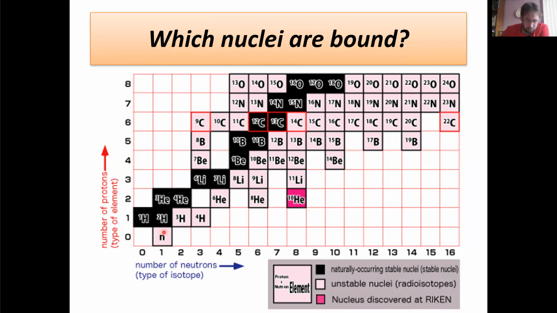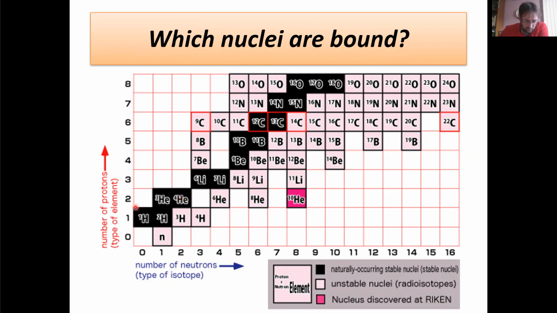Neutron, hydrogen, helium with 2, 3 protons lithium, 4 beryllium. This is basically going along the rows of the periodic table. So and then we have different stuff in here. We have these black boxes.